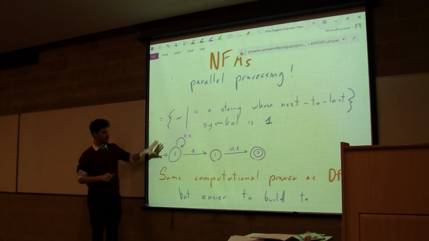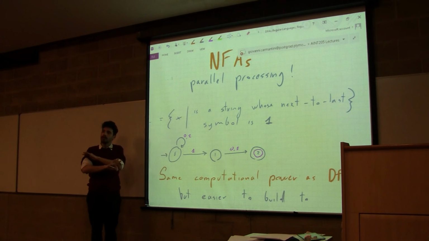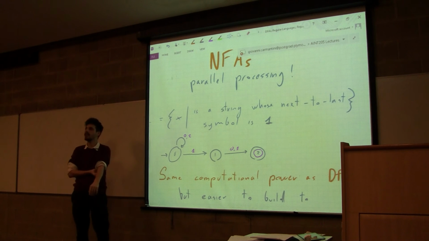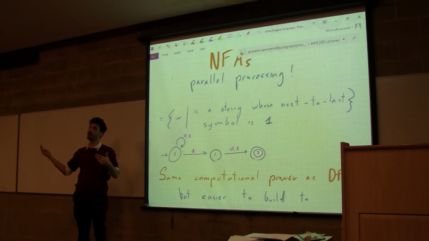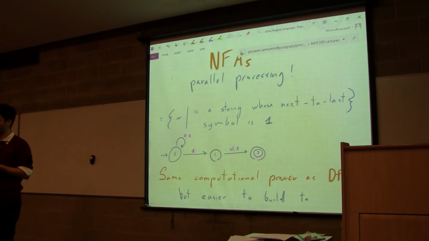You can transform this into a deterministic finite state machine, meaning that this class of machines computes exactly the same problems as the non-parallel ones. And is this so surprising? I mean, we see it quite a lot, right?